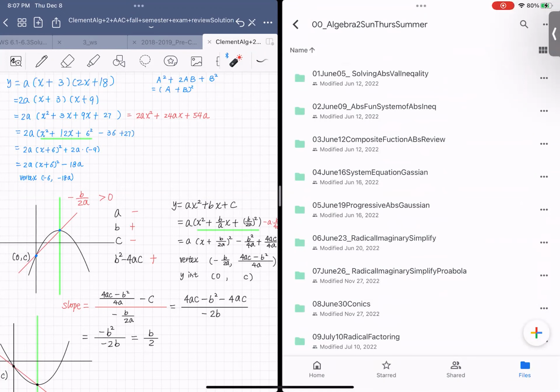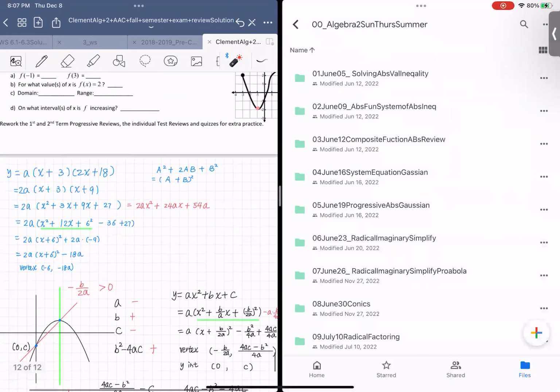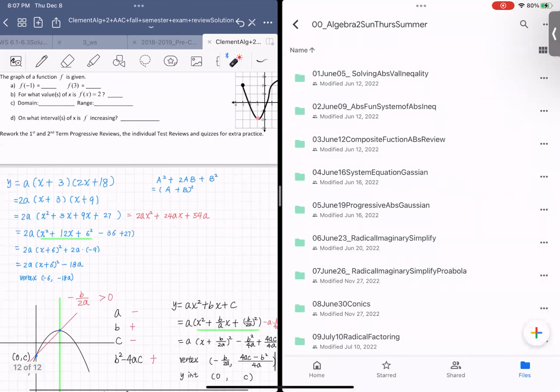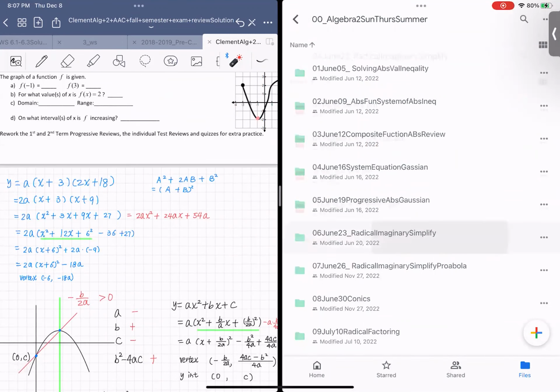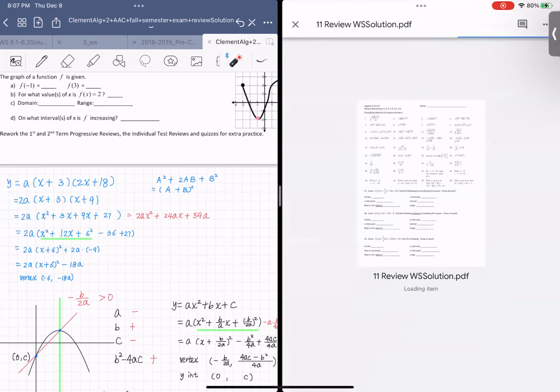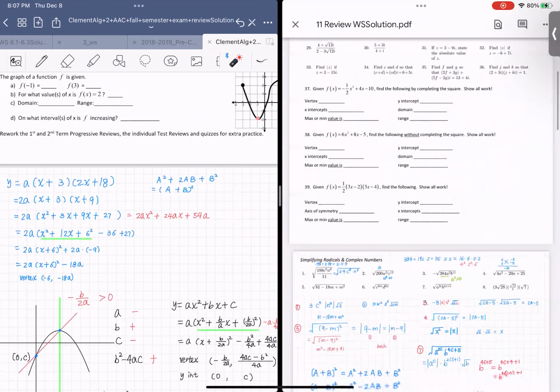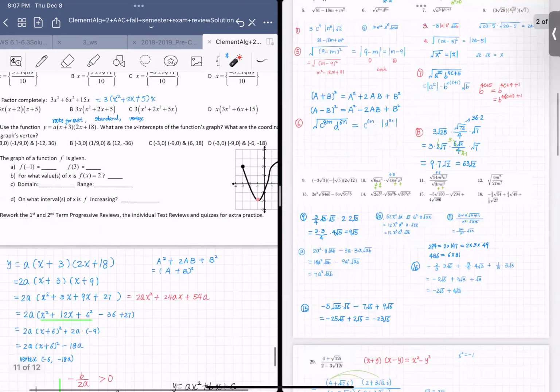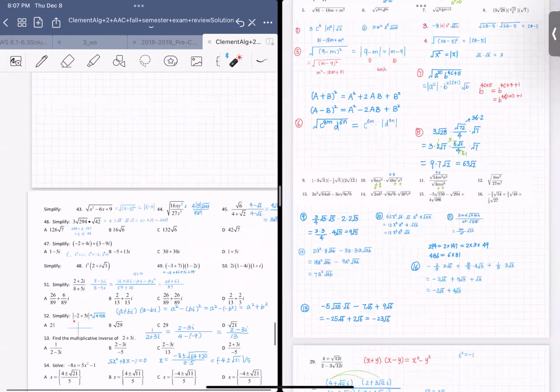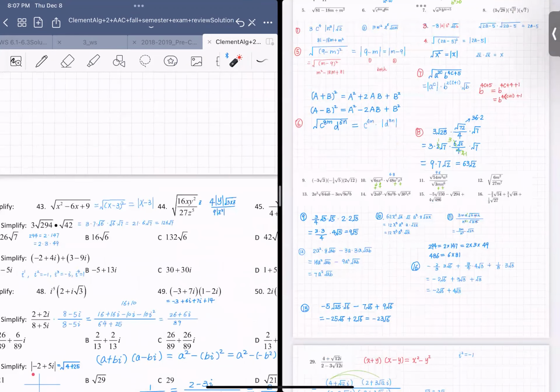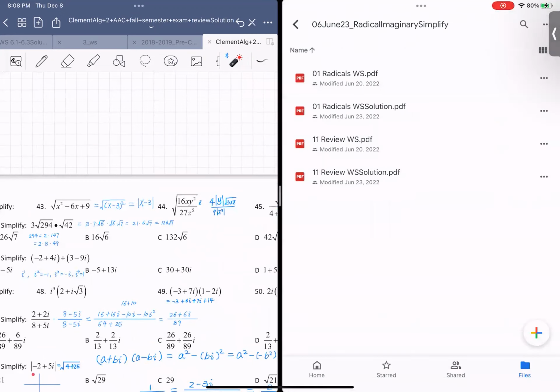And then we do the composite function, and then we do the Gaussian elimination. Today we already reviewed the Gaussian elimination, system of linear equations. And then we do those radical simplifications. See here, do those things. So we covered some of the radical simplifications with imaginary numbers.